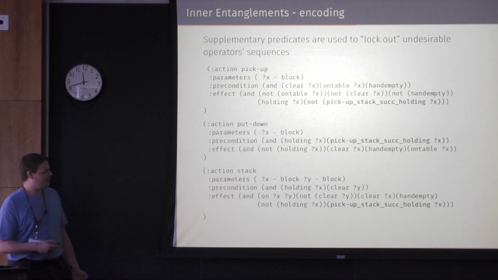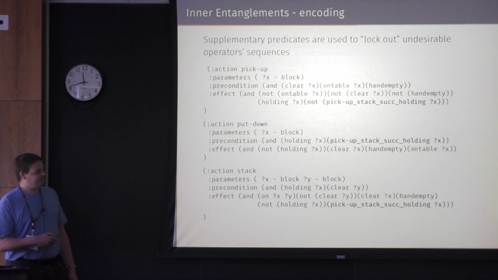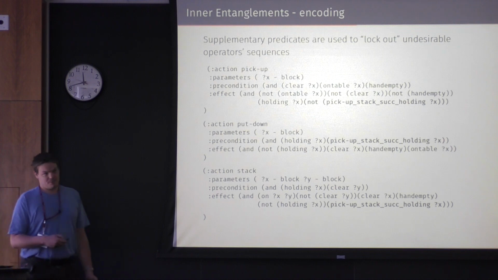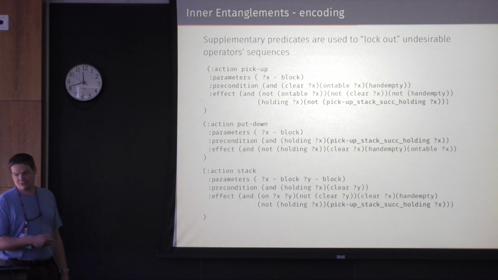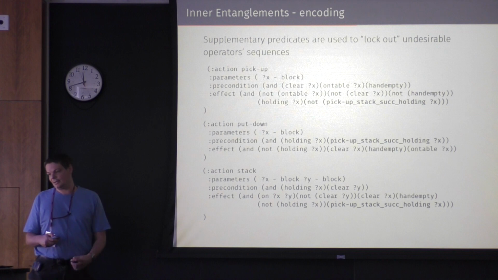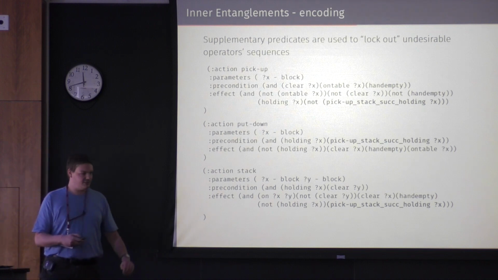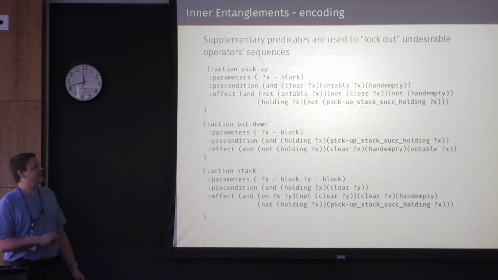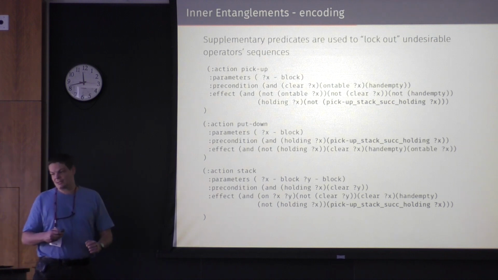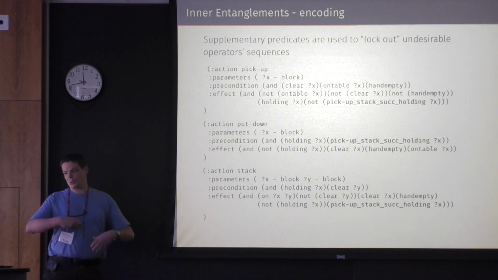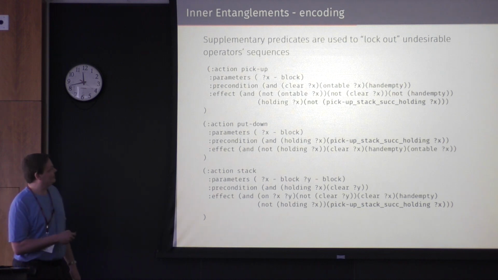If we look at the encoding of inner entanglement, in this case entanglement by succeeding, it is not as easy as in the outer entanglement case, because we need to introduce some supplementary predicates that are twins of the predicate in the relation, in this case holding, and those predicates are used to lock undesirable operator sequences.